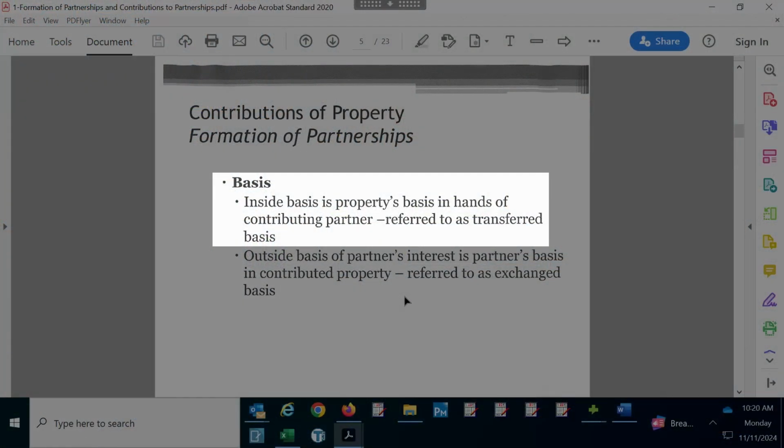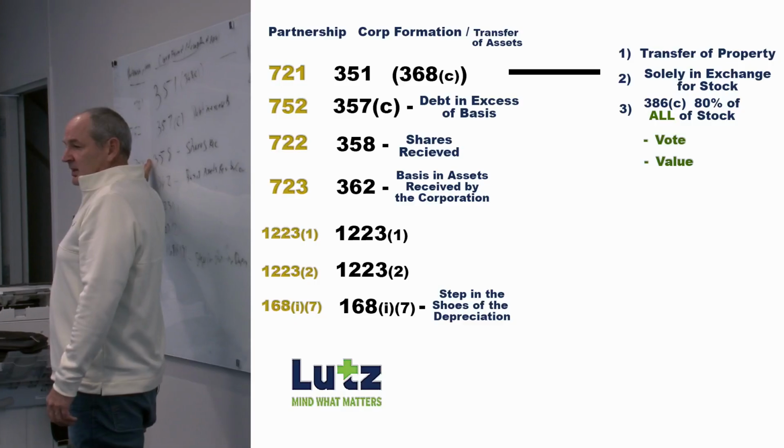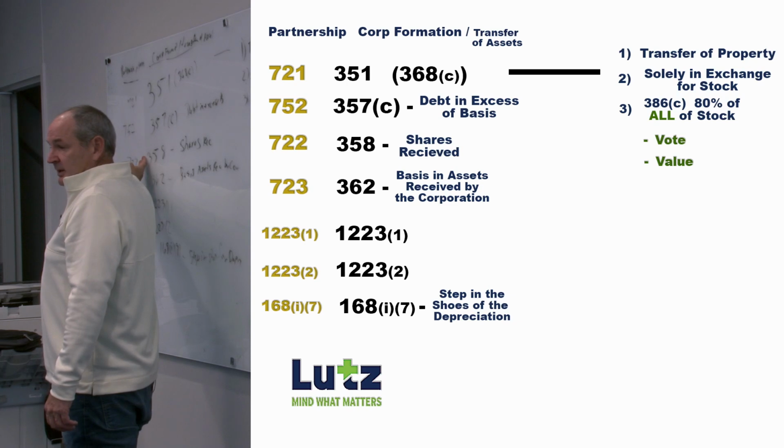Inside basis is property basis in the hands of the contributing partner, referred to as transferred basis. That's 723. Outside basis is the partner's basis in the contributed property. So 722, which is the equivalent of 358, is going to be old basis plus gain recognized.